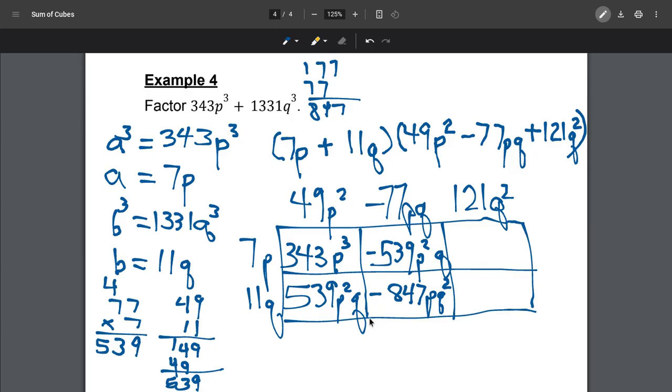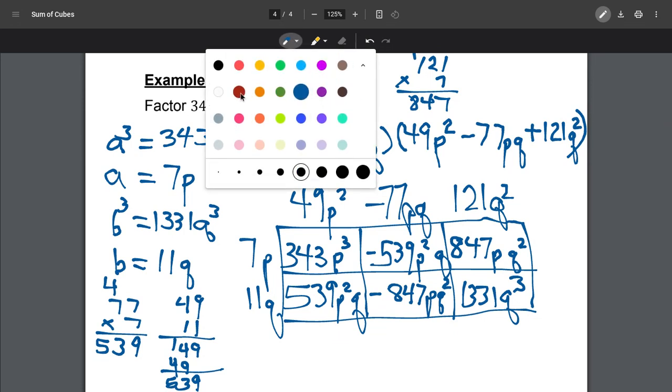And then we've got 7 times 121. That's 847 also. Good. So that's 847pq squared. And then 11 times 121 is 1331, and q times q squared is q cubed.